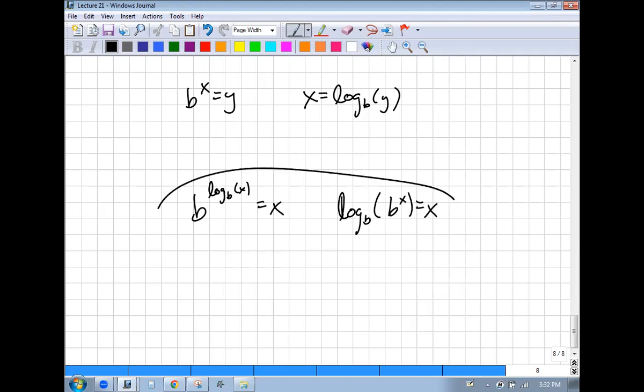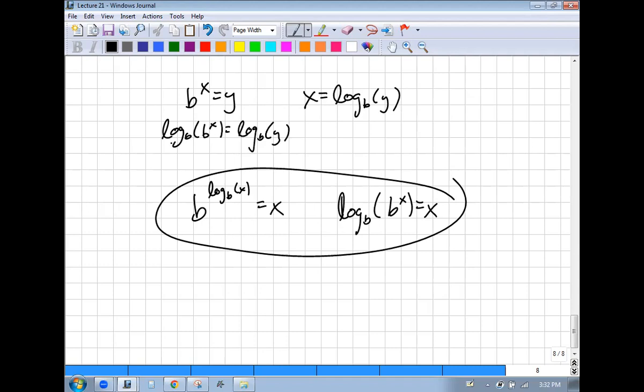This is saying exponential functions and logarithmic functions are inverses of one another. But this statement is the same as this. Again, if I take log base b of both sides, those undo one another, and I get x equals log base b of y. Right? These are the same.